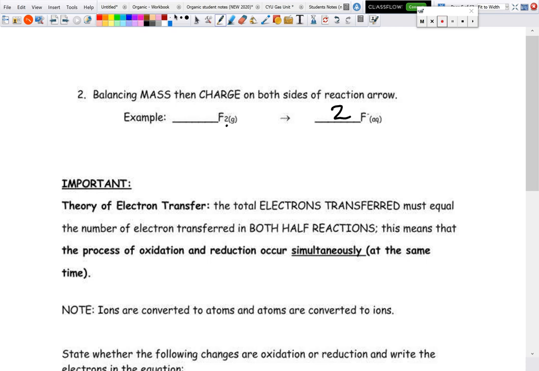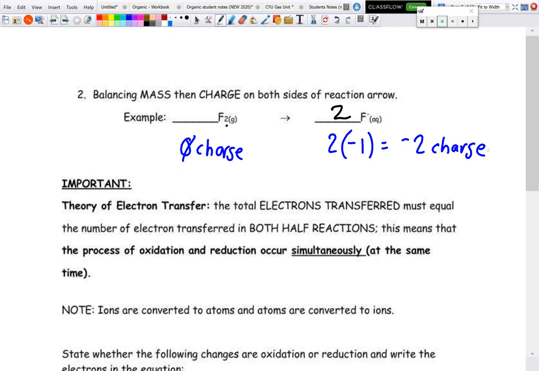And by charge, this is where you have to be careful about how you actually write things in. So elements have 0 charge. So on my reactant side of the equation, I have a 0 charge. Now on my product side, I have 2 fluorines, and fluorine has a charge of -1. So I have a grand total of -2 charge on my product side.